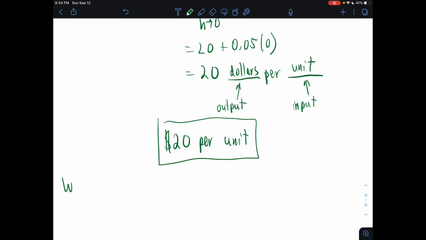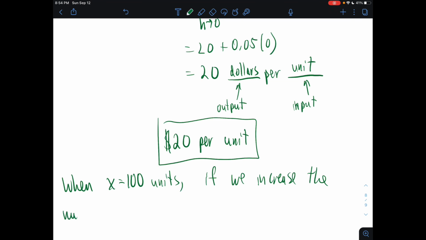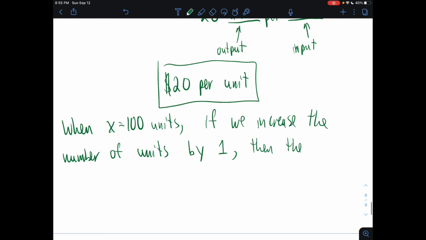So when x is equal to 100, when the amount of production is 100 units, if we increase the number of units, as in x, by 1, then the cost goes up by $20. And we see that just from the units of measurement for our answer.